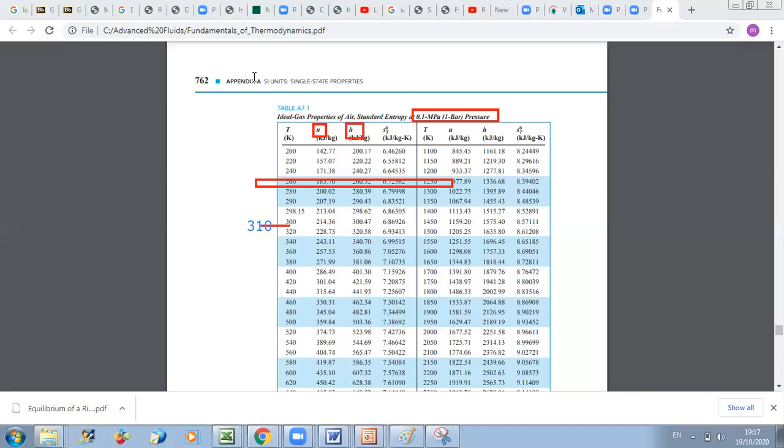Now, sometimes if it's a little bit more complex, if I want it at 308, for example, how do I do the interpolation? I will write the following. For T equals 300, for example, U is equal to 214.36.